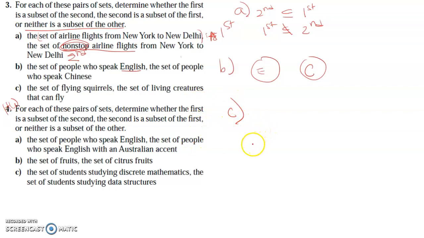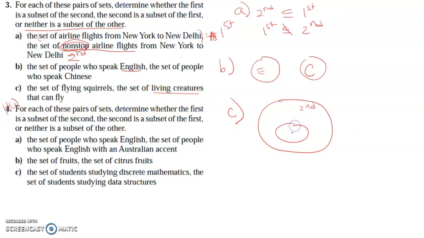Part C: the set of flying squirrels and the set of living creatures that can fly. Obviously, the living creatures that can fly is a bigger Venn diagram. If I draw it, this is our second set, which is the living creatures that can fly.